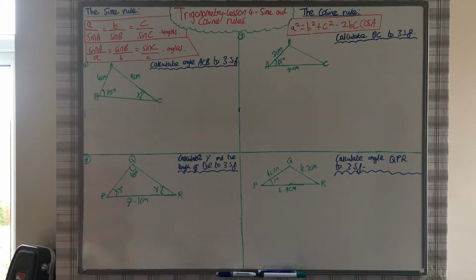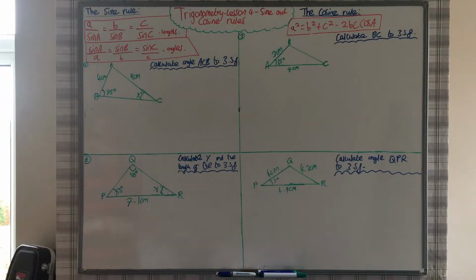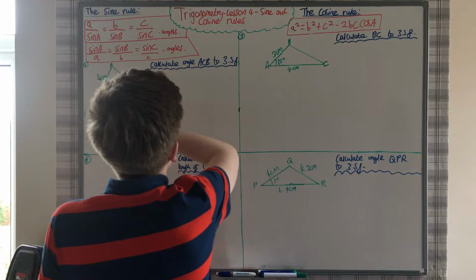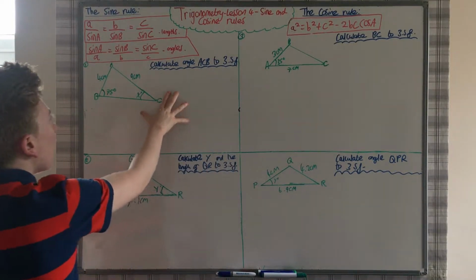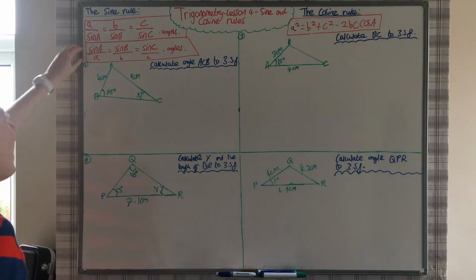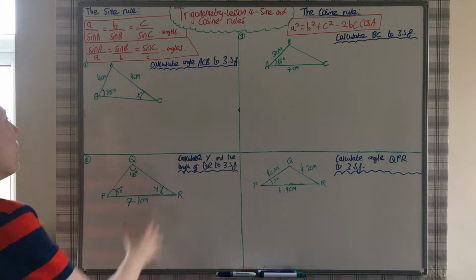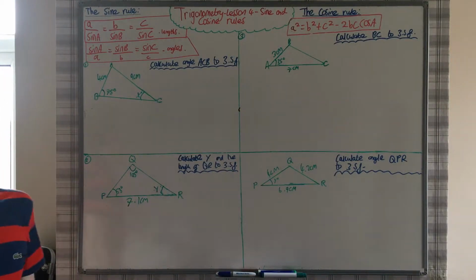The sine rule is here at the top left hand side of the board, and this is a divided by sine a equals b divided by sine b, which equals c divided by sine c, and we use that to find missing lengths. Now for angles we simply flip the fractions upside down and we have this formula here. Now you don't necessarily need to learn that one formula is used for lengths and one for angles.